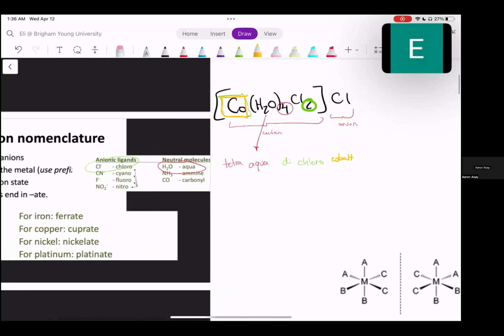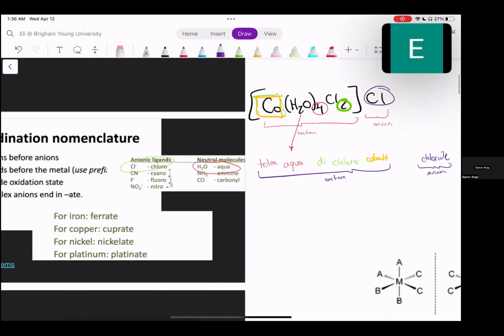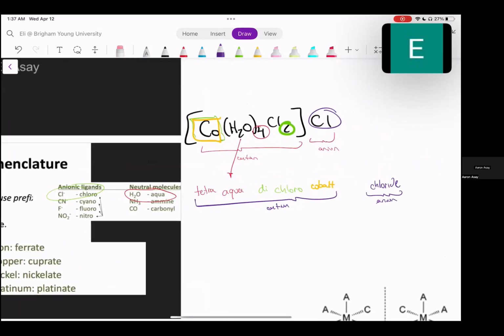Awesome. Then we come over here and we see that our anion is chlorine. But remember, because it's an anion, we have to add that -ide to it. So it's going to be chloride at the end. All of these combined are going to be our cation again, I want to remind you of that, and then this right here is our anion. We are missing one thing, however, and that's the oxidation state. In order to figure this out, we see that it has an overall charge of 0.